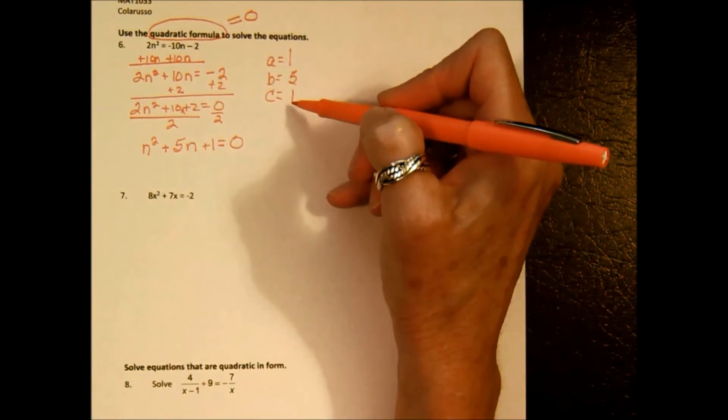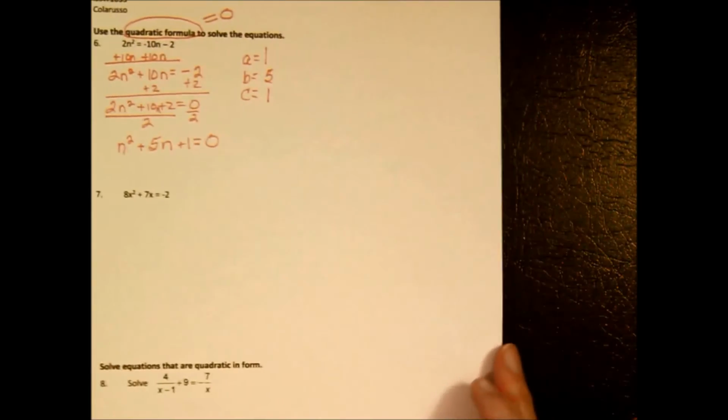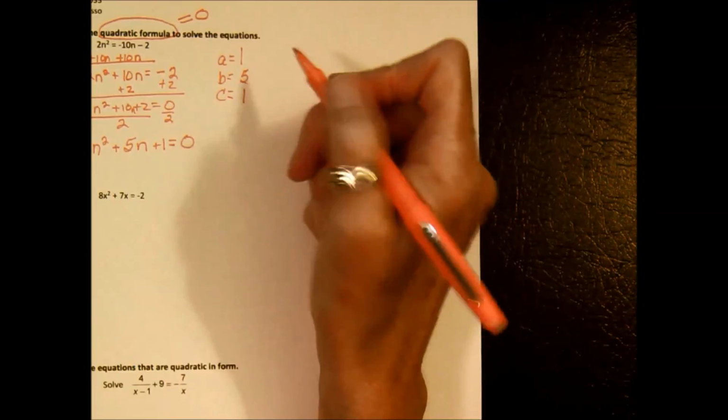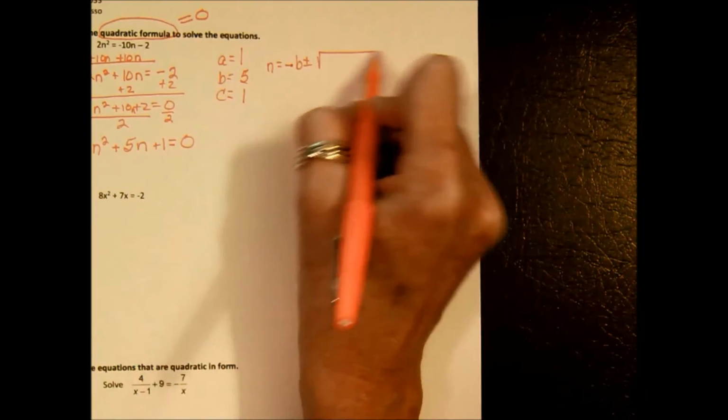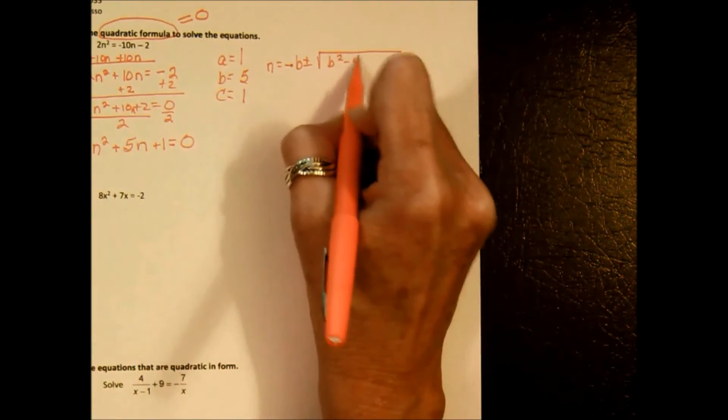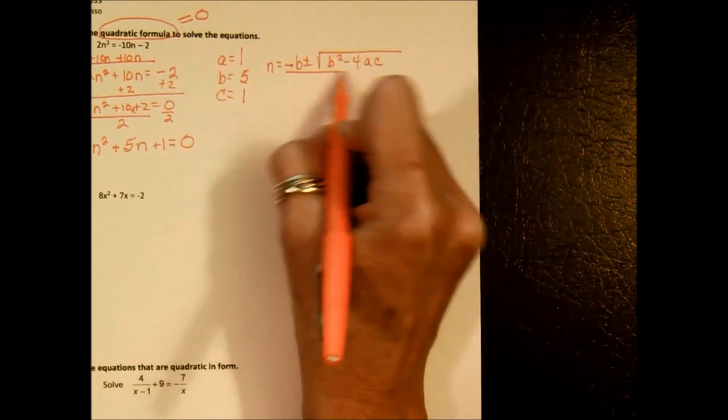And believe it or not, it's going to come out exactly the same either way. So our formula says n equals the opposite of b plus or minus the square root of b squared minus 4ac all over 2a. That's your quadratic formula that you have to have memorized.